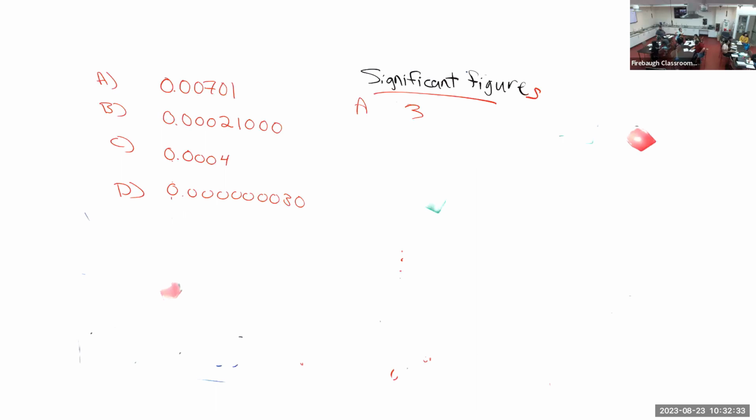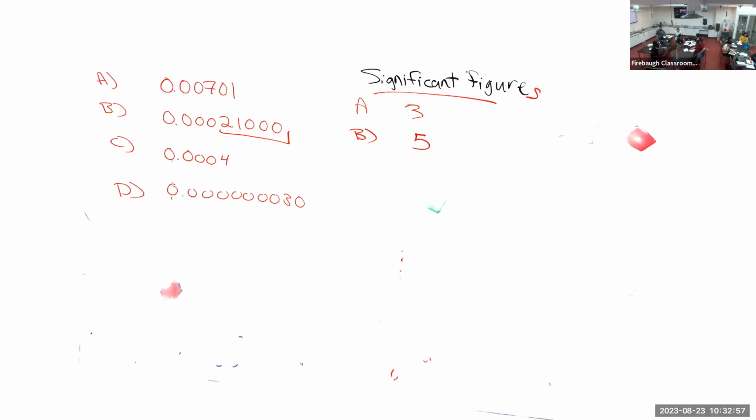We're just letting them know that we're so sure about those, that's extra. So we know that those are going to be significant. How many say 5? So we have 5 significant figures in the case of B. This here is just letting us know they're placeholders to show that it's a small value.